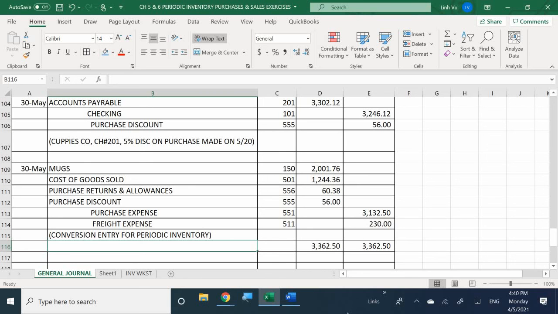We noticed that the sales don't affect anything with our inventory worksheet. However, we got to take a look at what happens when we deal with customers on a cash level and at a credit level. And we also looked at what a sales discount does and what sales returns and allowances do. So other than that, any questions in regards to chapter 5 and chapter 6?